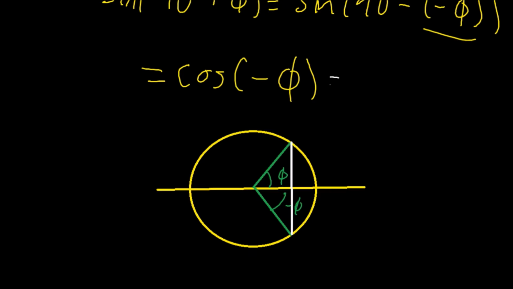So the cosine of minus phi equals the cosine of a positive phi. The cosine of a negative angle is the same as the cosine of that positive angle because their x-coordinates are always the same. They're just rotating in two different directions as the y-coordinate changes.